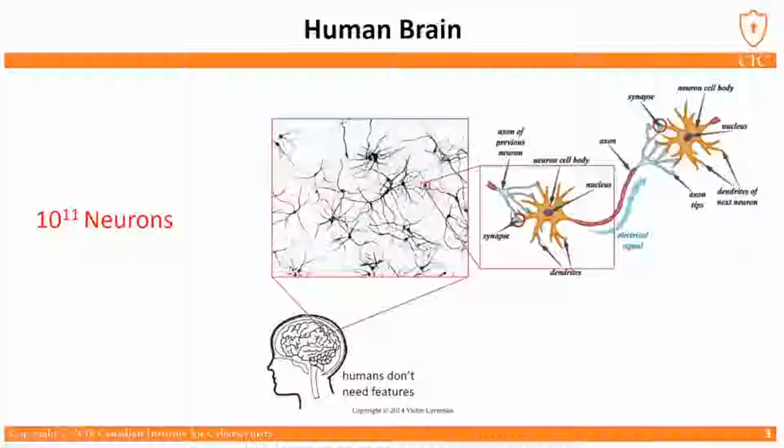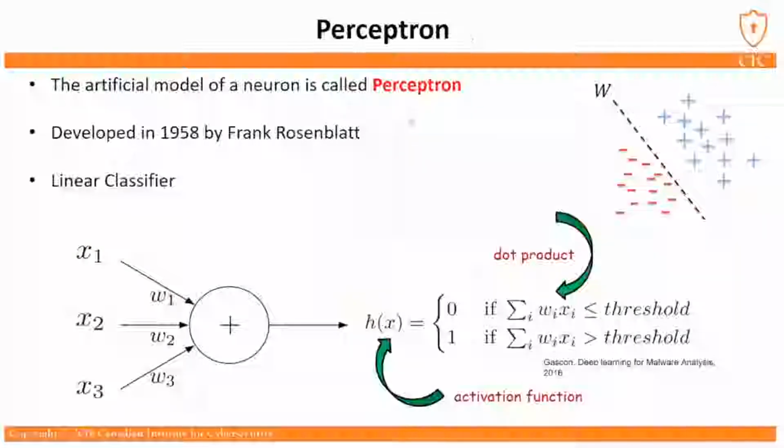But we are more interested in the artificial model of the neuron. The artificial model of a neuron is called the Perceptron, which was developed in 1958 by Frank Rosenblatt at Cornell Laboratories. It was the first linear classifier, or we can say the first machine learning algorithm.